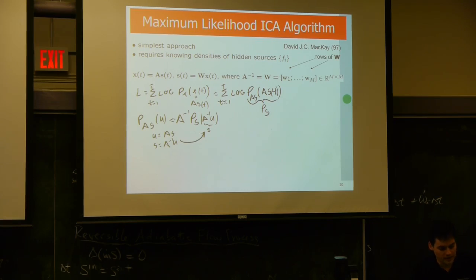And what is this A inverse doing here? To see that we indeed need this A inverse here, you just calculate the integral of this density over the whole space. It's a density, so it should be 1.